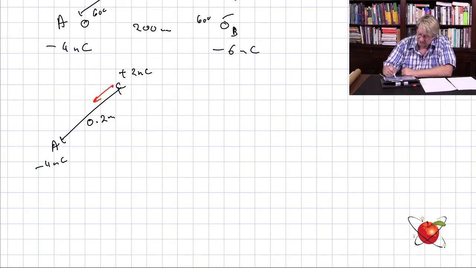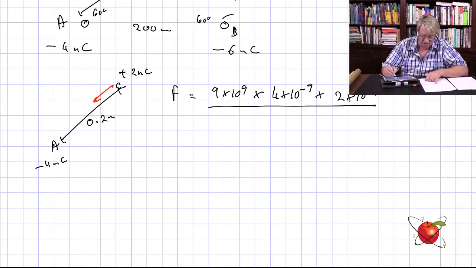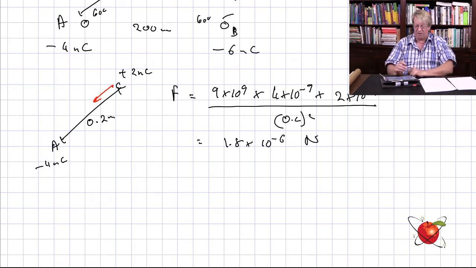So straight away you say, right, therefore F is going to be 9 times 10 to the 9 times Q1, which is 4 times 10 to the minus 9, times 2 times 10 to the minus 9, over 0.2 squared, and that comes out to be 1.8 times 10 to the minus 6, and it's a force, so it's newtons.